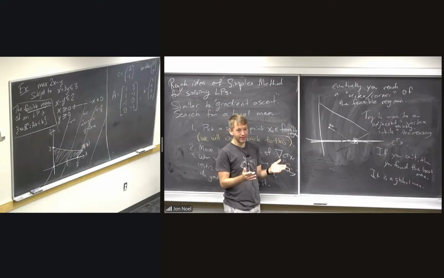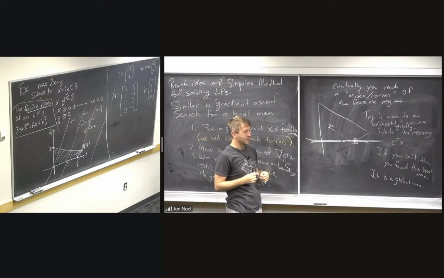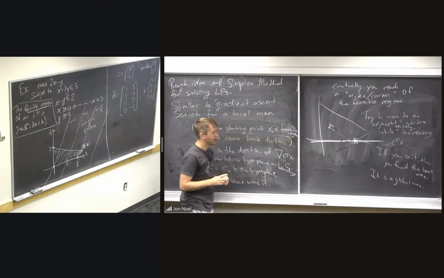The reason is that your feasible region might have exponentially many vertices on it, and the simplex method may travel to exponentially many vertices, exponential in n and m, for example. So it's not generally a polynomial time algorithm.